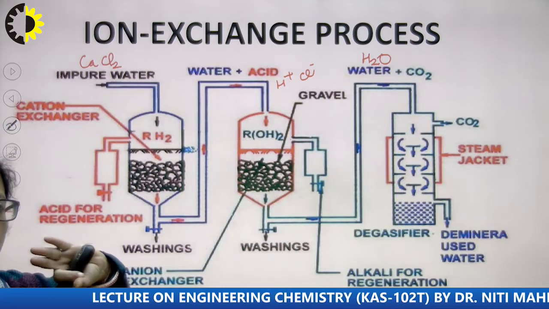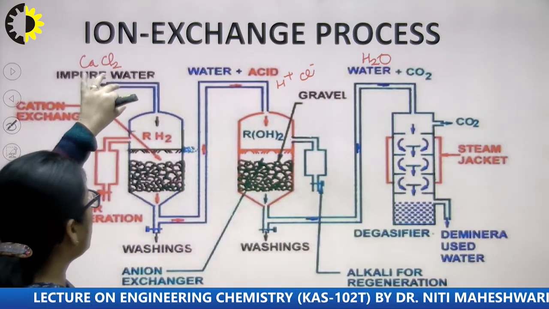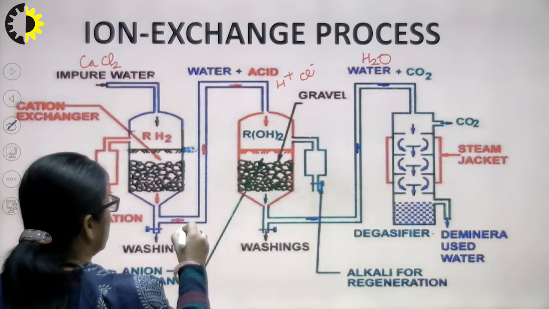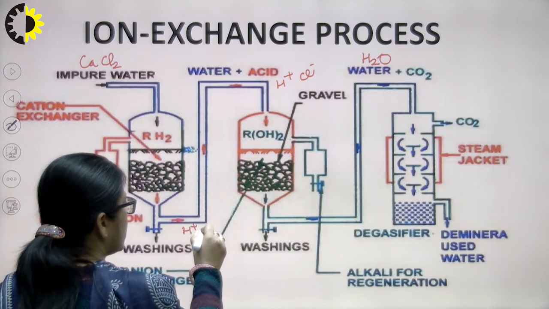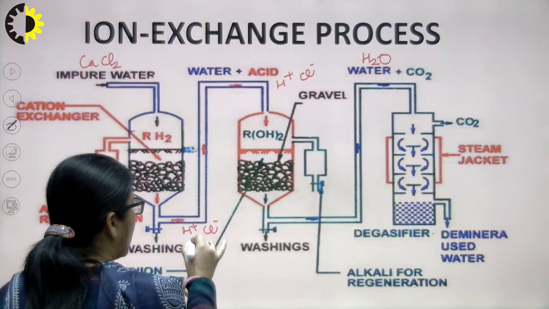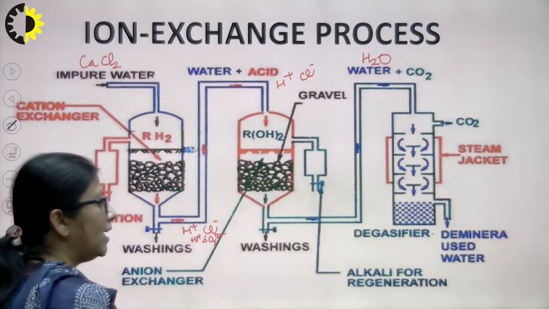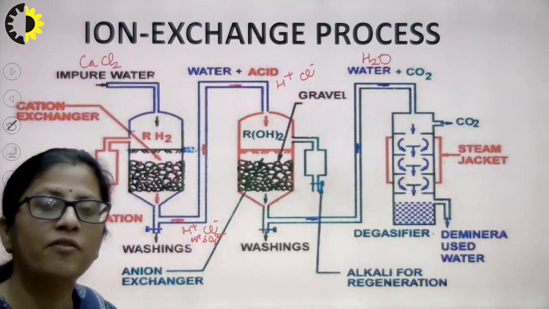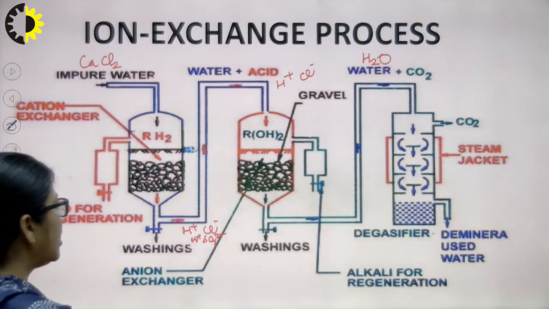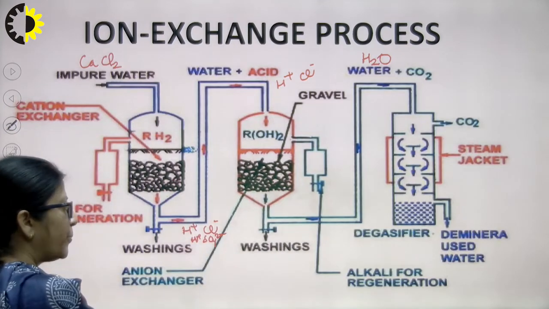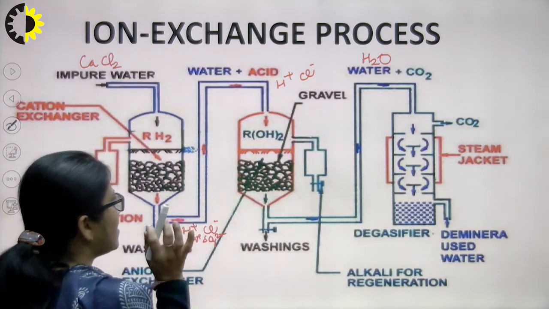Why? Because when we pass this impure water through the cation exchanger, the water coming out contains H plus and Cl minus or H plus and sulfate ions. If you see clearly, these are the formation of acids. I am here showing the formation of acids HCl and H2SO4. So dilute acids are formed.